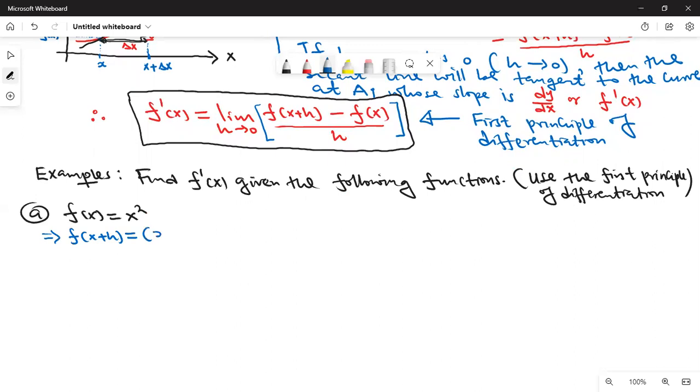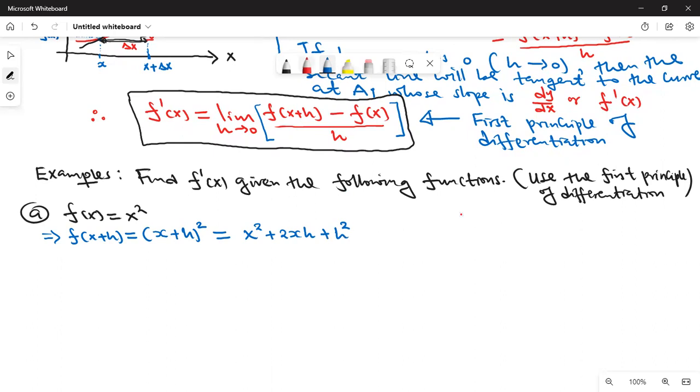So instead of x, we write x plus h, and remember, this is squared. If I expand it, that will give us x squared plus 2xh plus h squared. Remember, a plus b squared, binomial expansion, you get that.